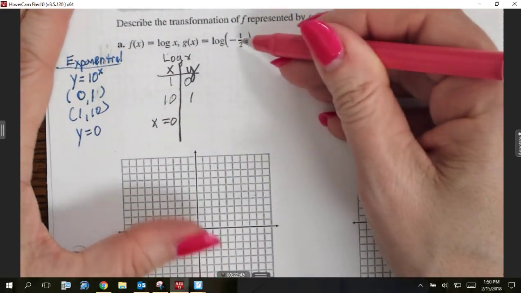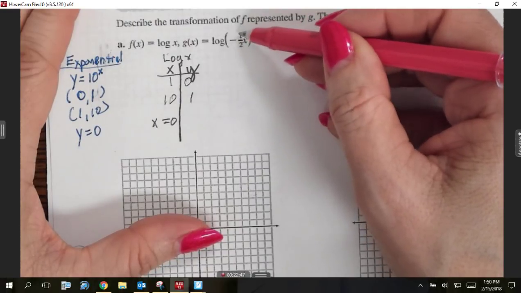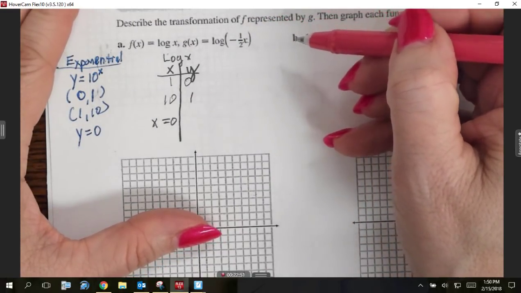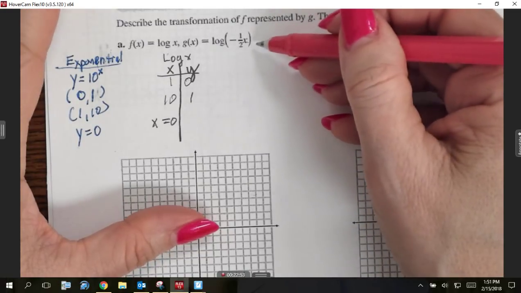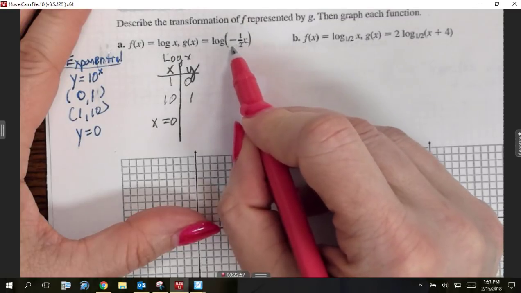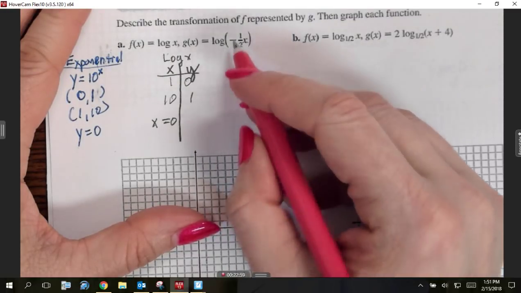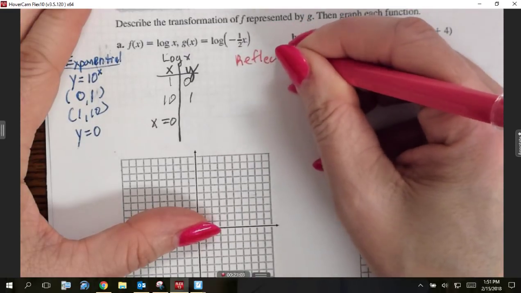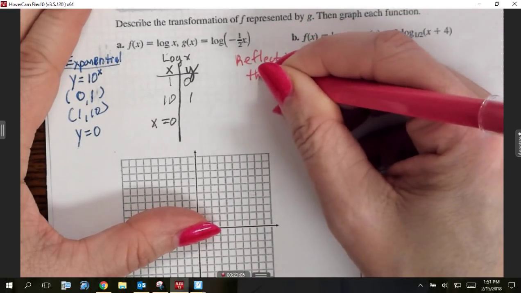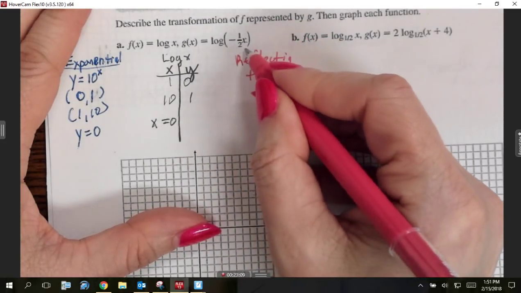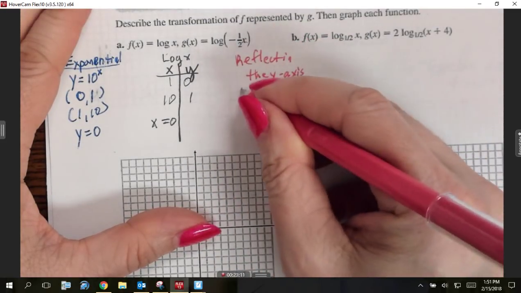Now I'm going to look at the transformations. So this has a negative 1/2 next to the x in the parentheses. What transformations are happening? Negative, reflect, which axis? And then the 1/2 is horizontal something.